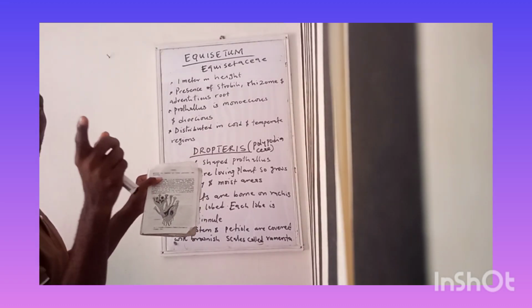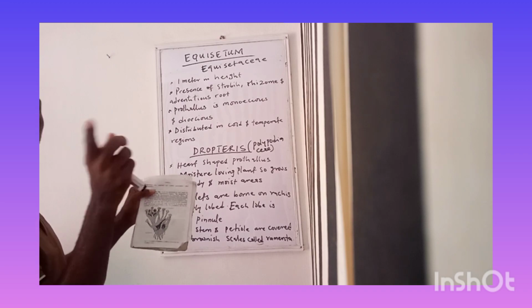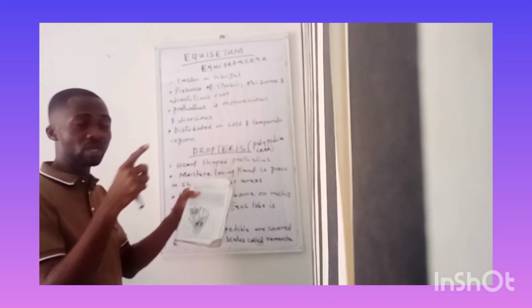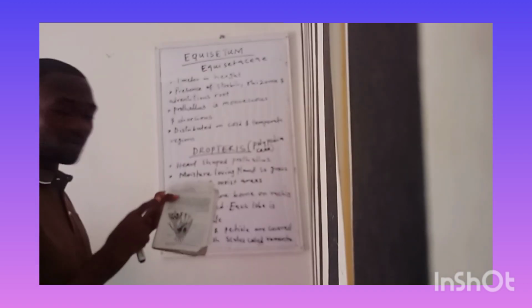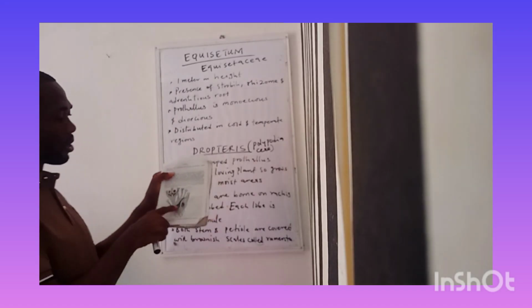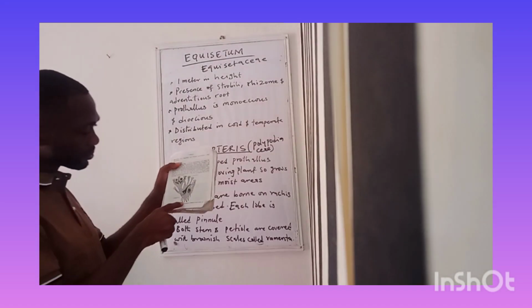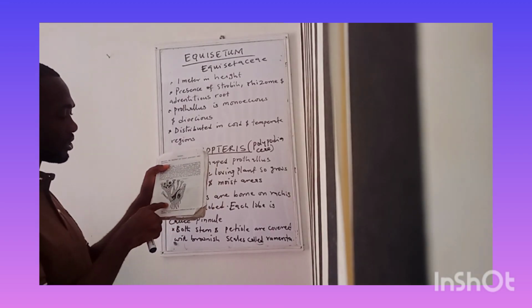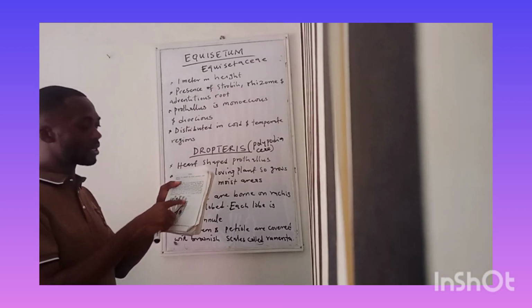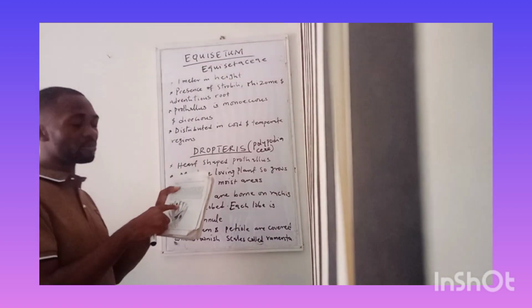Since I'm mentioning the shape of Prothallus, let me also use the opportunity to talk about the Prothallus of Equisetum. This is the structure of the Prothallus of Equisetum. You can see how it looks. It contains an archegonium, which is the female sex organ, and the antheridium, which is the male sex organ.